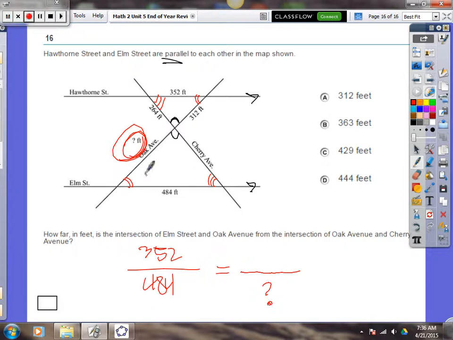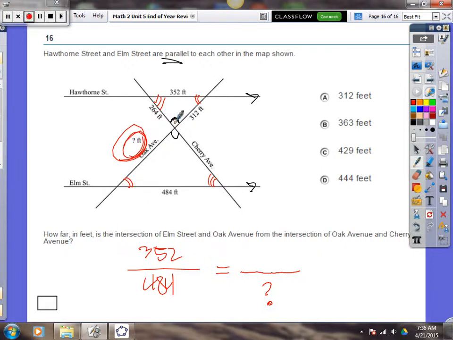Now the question is, which street does Oak correspond to? Does Oak correspond to 312, or does Oak correspond to 264? And you have to use the math. So look at where Oak is. Oak is in between the 1 and the 2 marks.